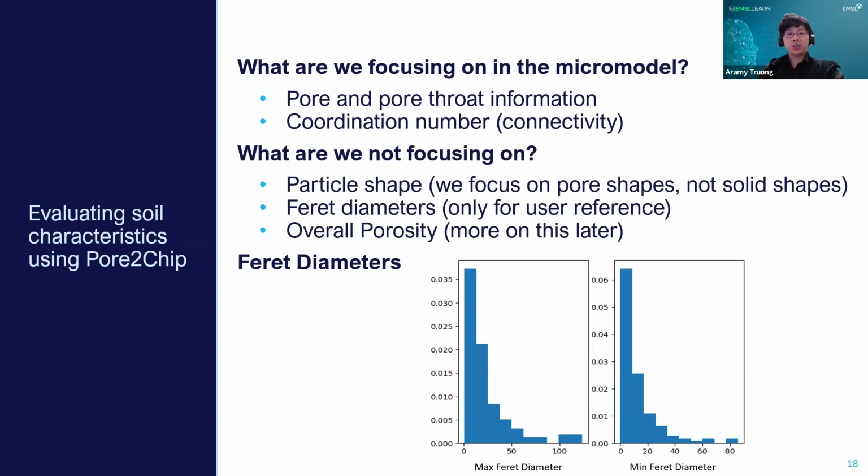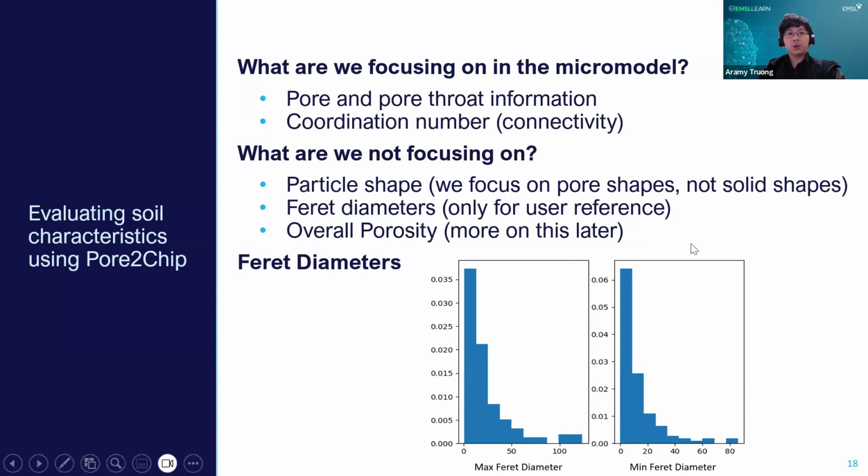And I want to mention that we're not particularly focusing on ferrite diameters when making the micromodel. However, Pore2Chip does have the functionality to measure ferrite diameters and plot their distributions like I have down here of your segmented XCT image data. So it is very useful for user reference to see, okay, what are the general minimum and maximum shapes of my XCT data are. And it's just good to know once you start creating the micromodel so you can compare.